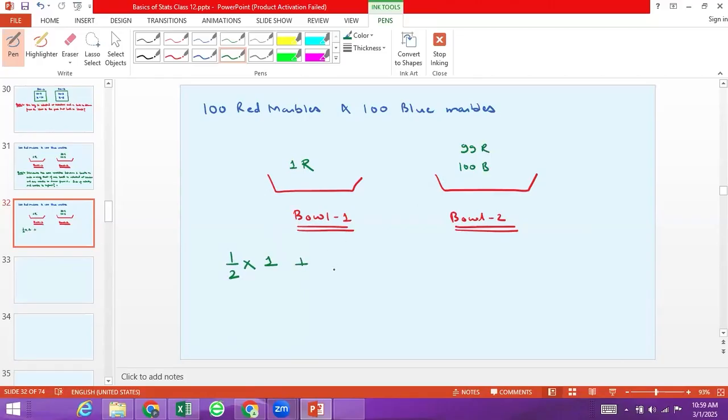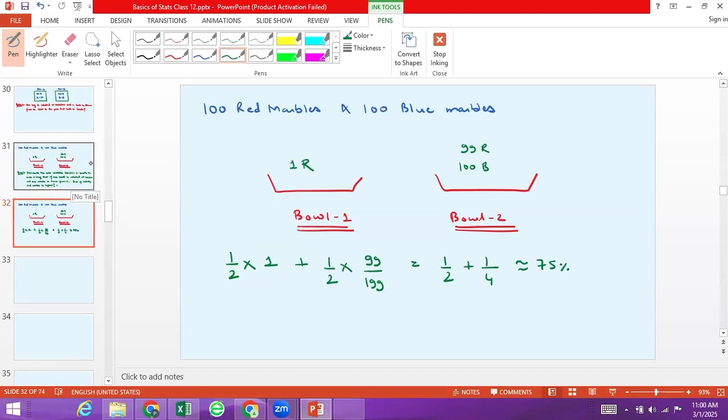Plus, if the second bowl gets selected, the probability of drawing a red marble is 99 by 199. Approximately, I'm keeping it as 1 by 4, so this will be approximately 75%, which is definitely way more than the 50% that we were getting earlier.